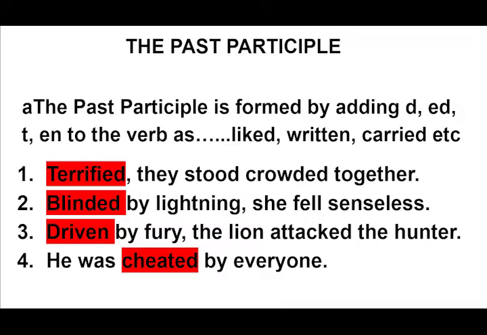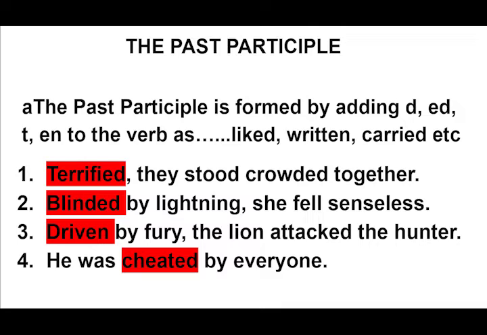D is added to the verb like. Written. En is added to the verb write. Carried. Ed is added.